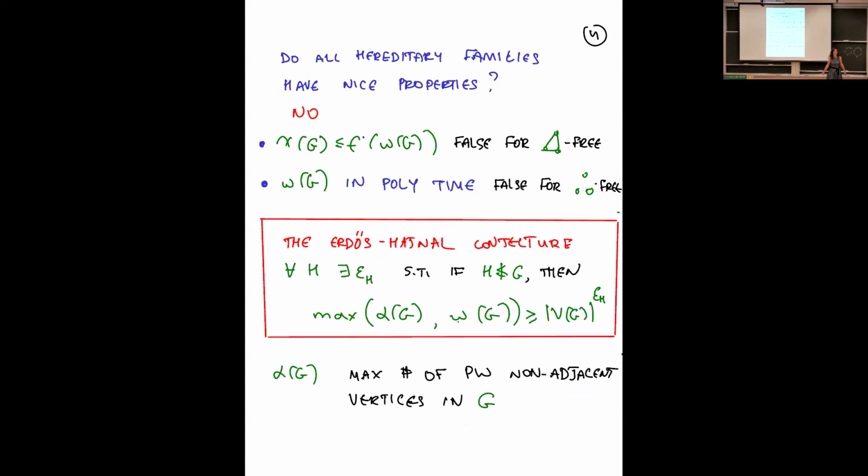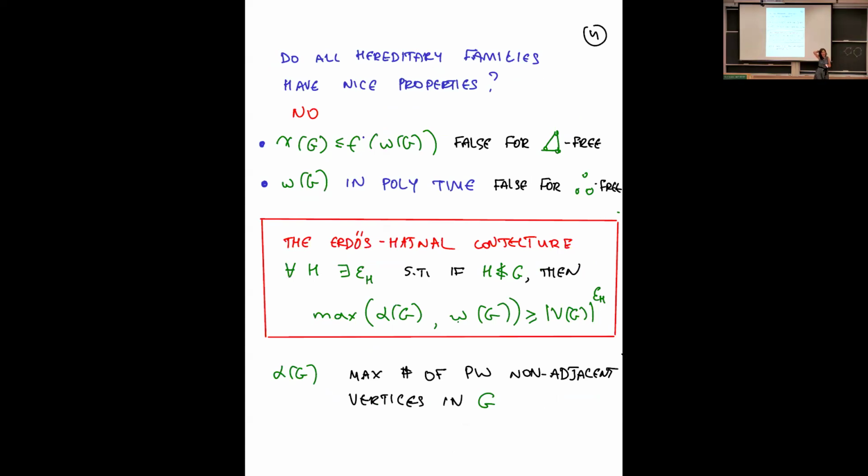Now, I've been talking about this lovely hereditary family, and one might optimistically think that all hereditary families are nice, but that's completely false. There are lots of very ugly and unpleasant hereditary families. So one property that we liked about perfect graphs is that you could color them with few colors. In general, it's not true.